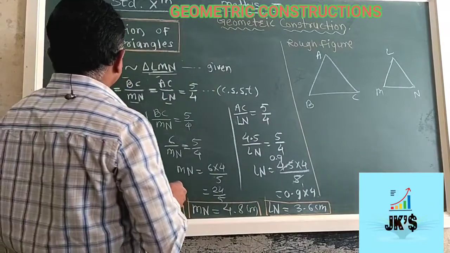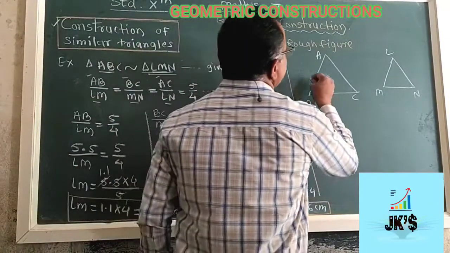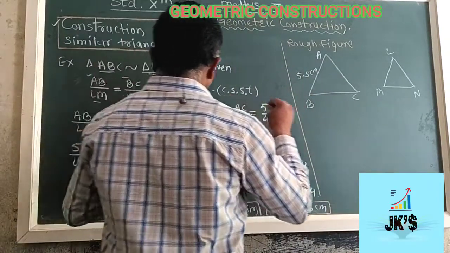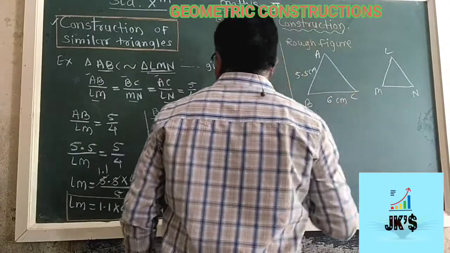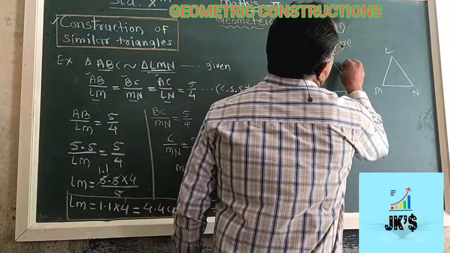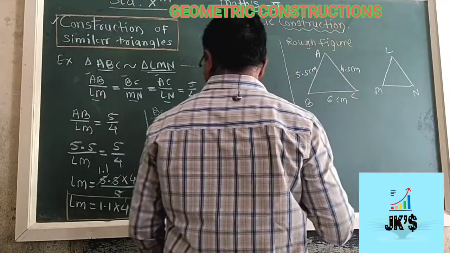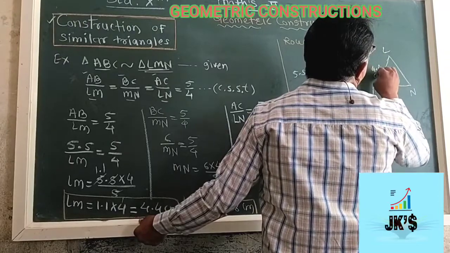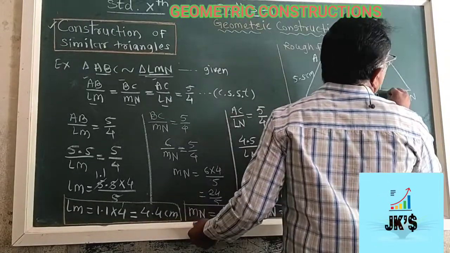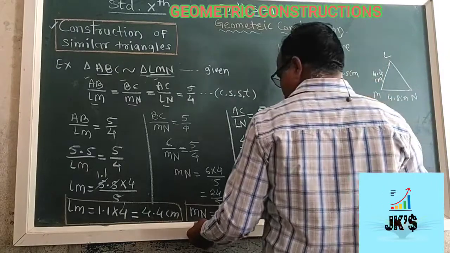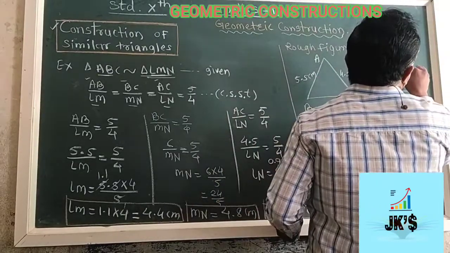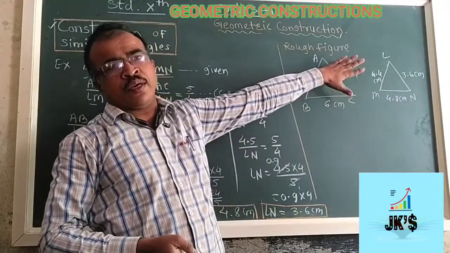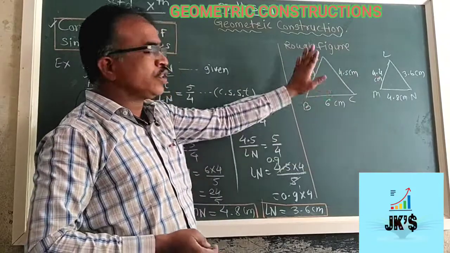Write the given: AB is 5.5 centimeter, BC is 6 centimeter, and AC is 4.5 centimeter. Similarly, LM is 4.4 centimeter, MN is 4.8 centimeter, and LN is 3.6 centimeter. This is our rough figure. Both the triangles are drawn separately.